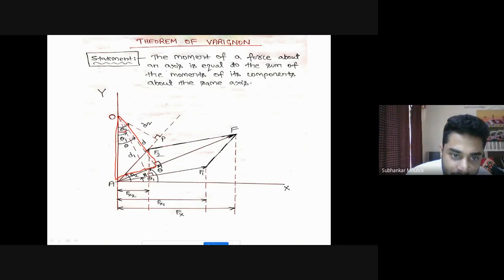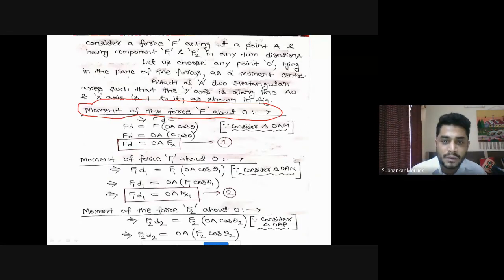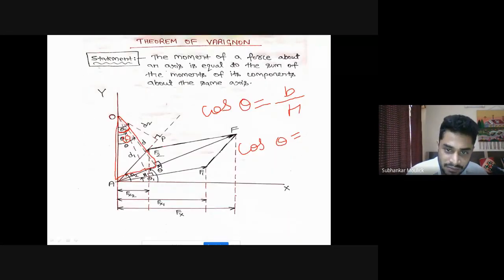Then you can write that cos theta is equal to base by hypotenuse. Base is this d itself. This d is your base.